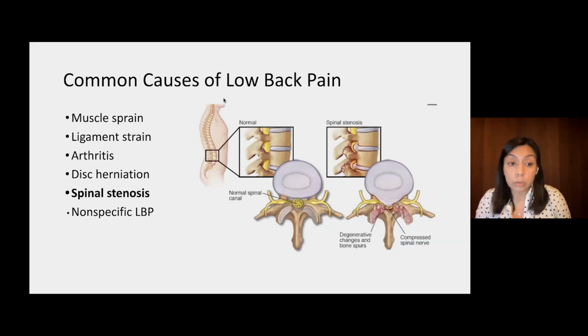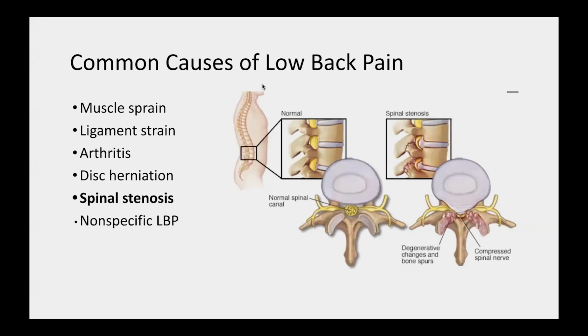When patients do have symptoms from spinal stenosis, they may experience low back pain, numbness or tingling down their legs, and sometimes weakness down their legs. In very severe cases of spinal stenosis, some patients can have changes in their bowel or bladder function, such as incontinence or the inability to hold their urine, resulting in accidents.